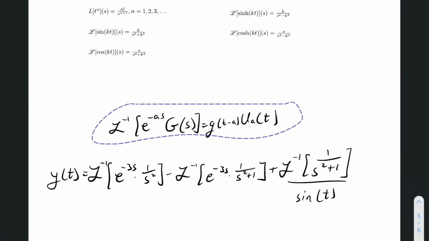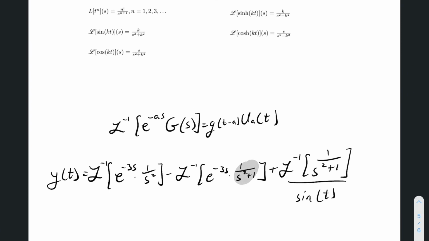Bring this down here too. So this and this are going to be like our g of s. If capital G of s is equal to 1 over s squared, then what would g of t be?